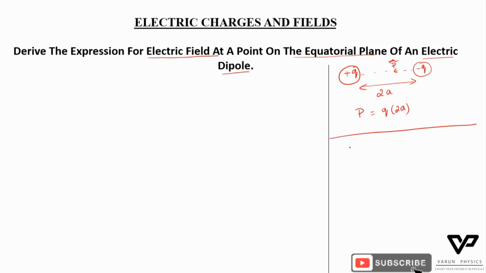The next one is electric field. The formula for electric field is 1 by 4 pi epsilon naught q divided by r squared, where q is the charge and r is the distance. The next basic concept we require is the resolution of vectors.